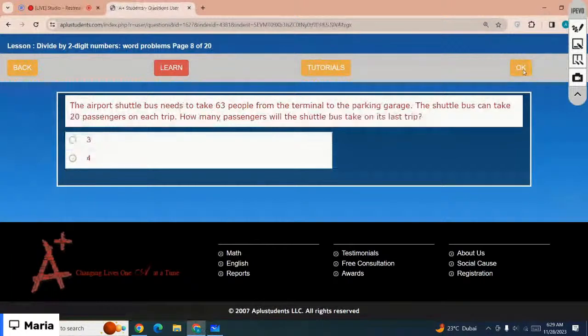The airport shuttle needs to take 63 people from the terminal to the parking garage. The shuttle bus can take 20 passengers on each trip. How many passengers will the shuttle take on its last trip?